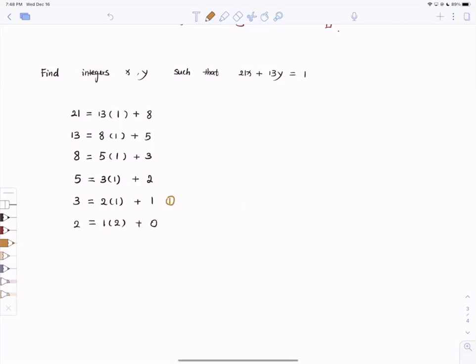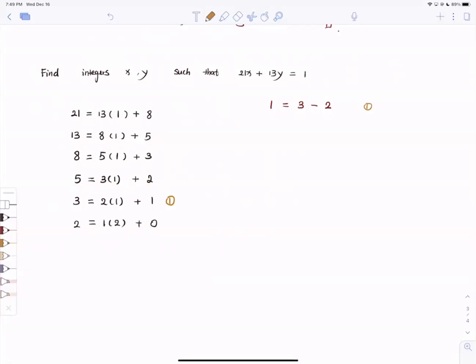So I'm going to start with step 1, and I'm going to rearrange it. This means that 1 equals 3 minus 2. Okay, so this is step 1. And then I know that 2 can be written as 5 minus 3.